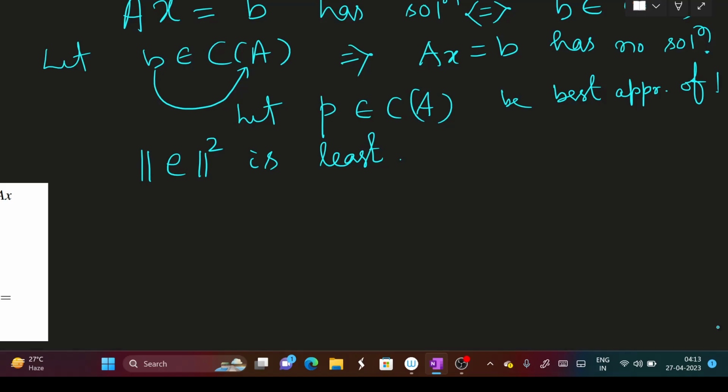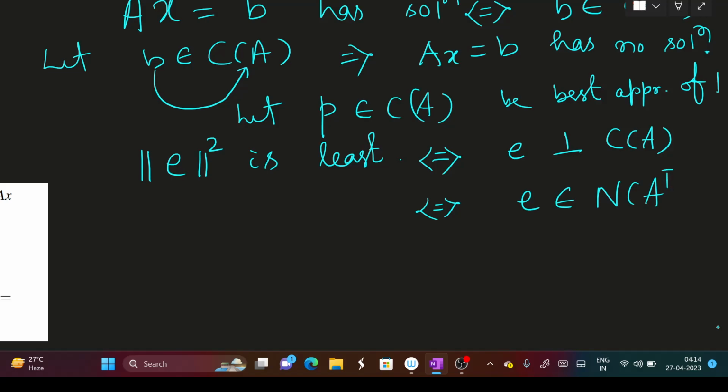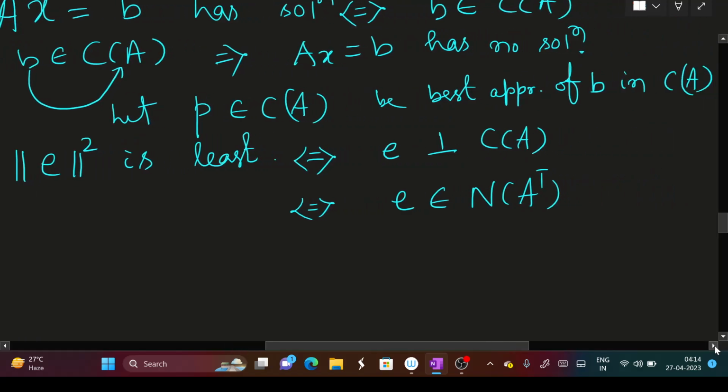When the error will be least, if my projection is orthogonal, if B minus P, that error, is orthogonal to C of A, this is least if and only if E is orthogonal to C of A. What does it mean? It means E belongs to N of A transpose.